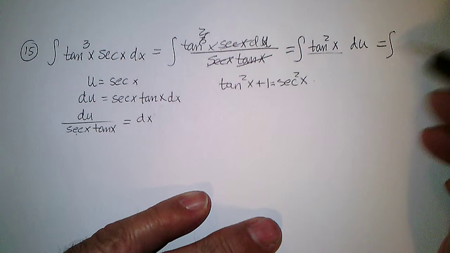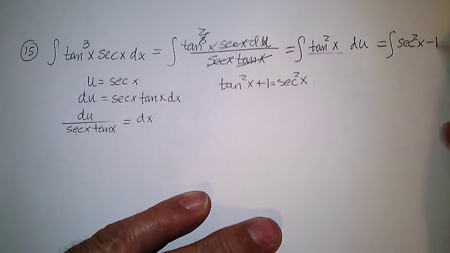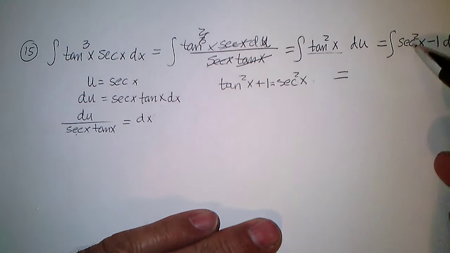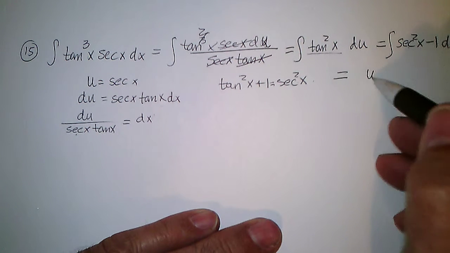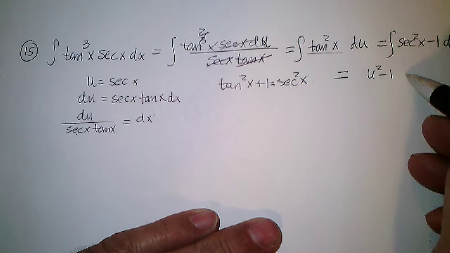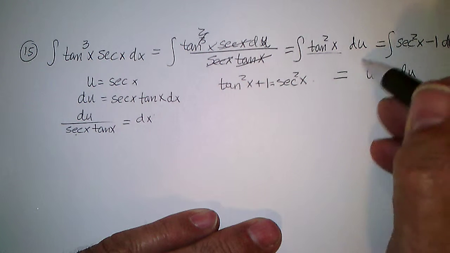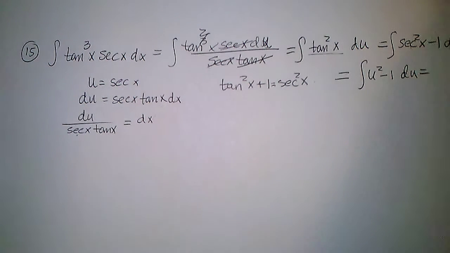So this is the integral of secant squared x minus 1, which is u squared minus 1 du. So du, an integral, and that I can do.